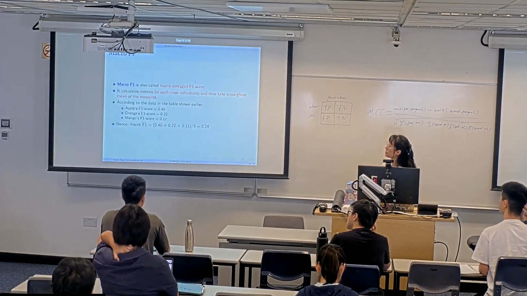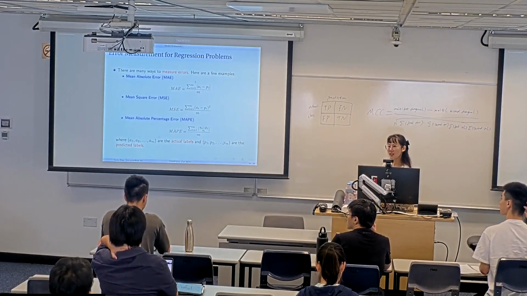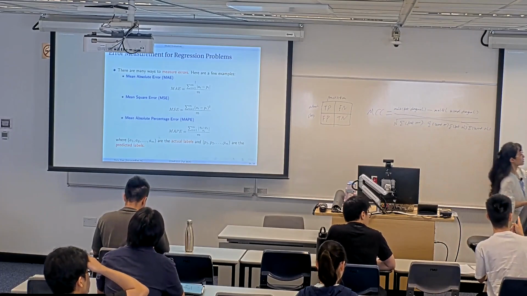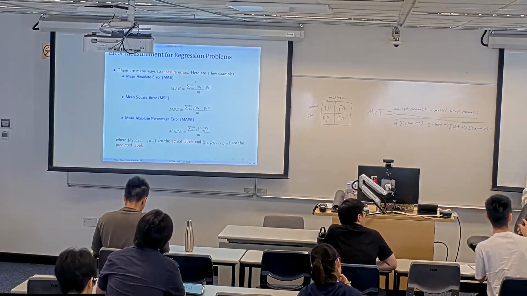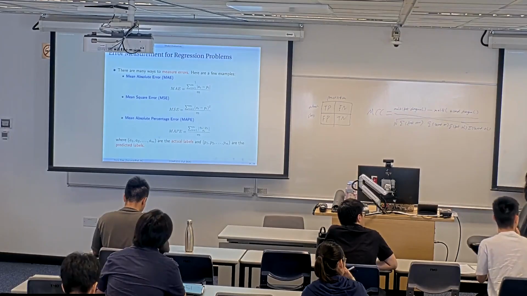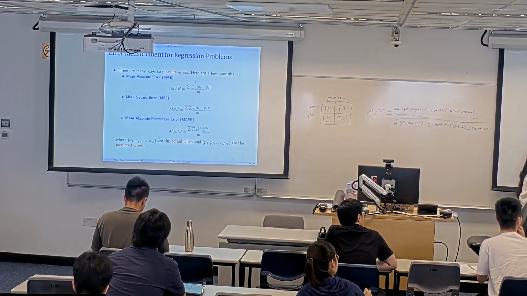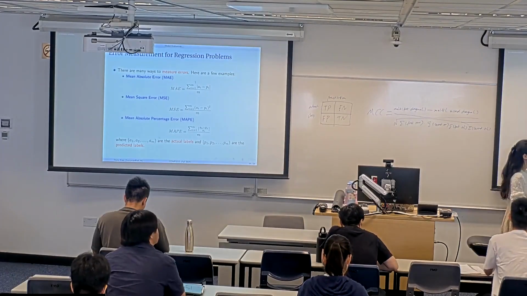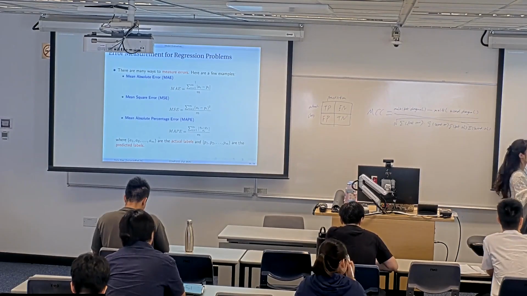All right, any questions so far? Yes, please? For the MAPE, to prevent the denominator from becoming zero, do we need to use Laplace smoothing? Laplace smoothing, no need, because if you add some smoothing, possibly the meaning of the labels will change. Now it's a regression problem.